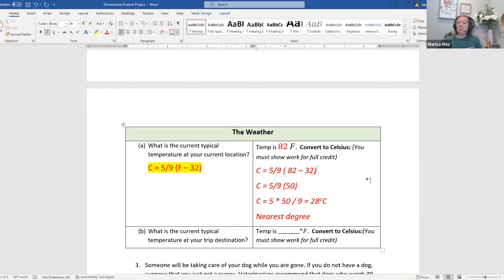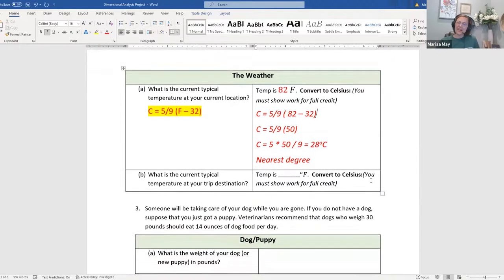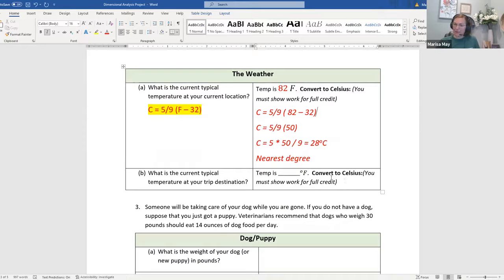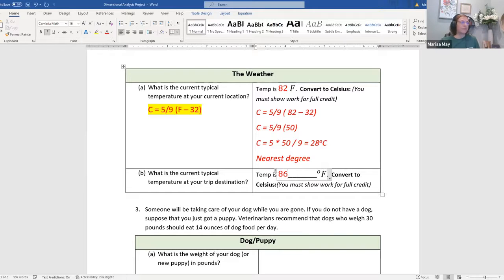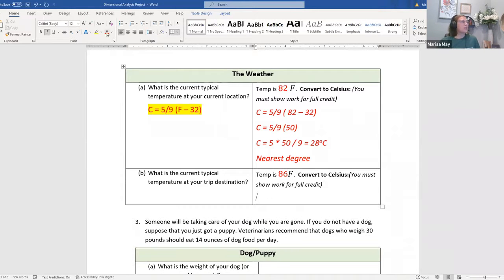Now I'm going to go ahead and do B here for number 2. For San Antonio, Texas, it's a little bit further south than I am, so it is about 86 degrees. And I'm going to do the same calculations. I'm going to substitute it in my formula there.